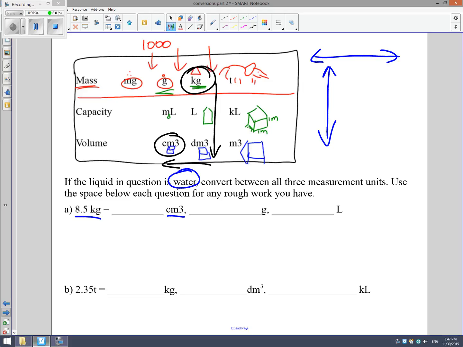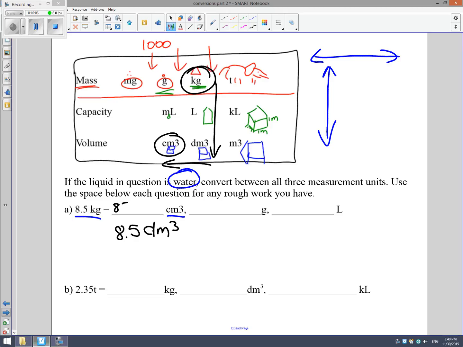So we know that 8.5 kilograms equals, and here's where we have room for our rough work, 8.5 decameters cubed. We know that there are 1,000 centimeters cubed in 1 decameter. We have 8.5 decameters, and if there's 1,000, there must be 8,500 in 8.5.